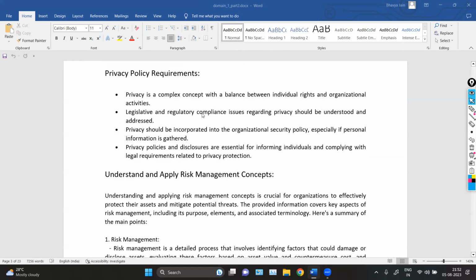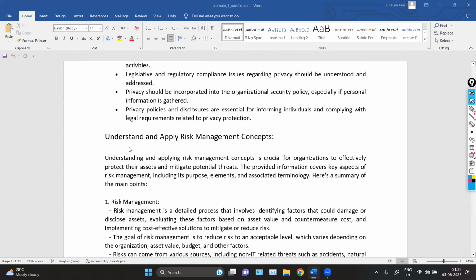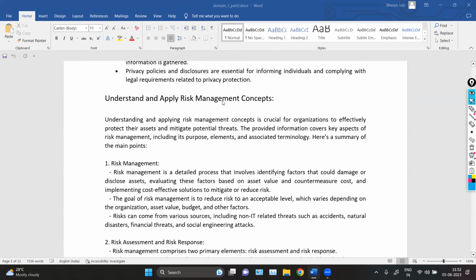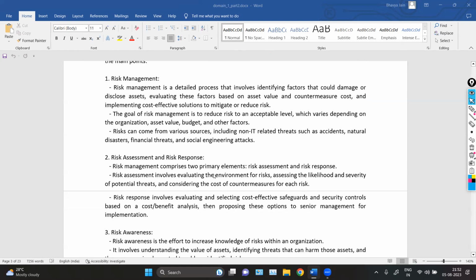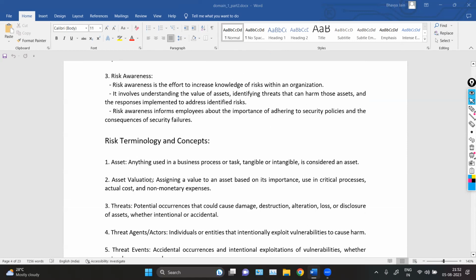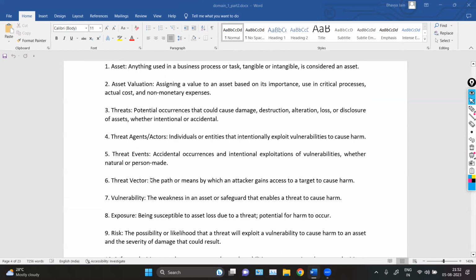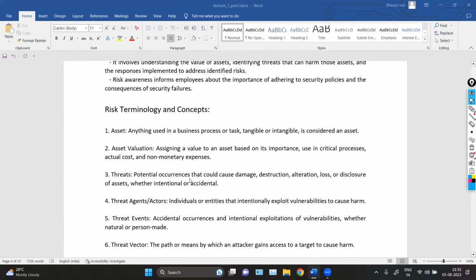So the part of the exam is Security Plus, which is apply risk management concepts: risk management, risk assessment, risk response, and risk awareness. Then we have risk terms and concepts, risk keywords used in risk management, risk assessment, and risk response phases, like what are assets, asset valuation, and threats.